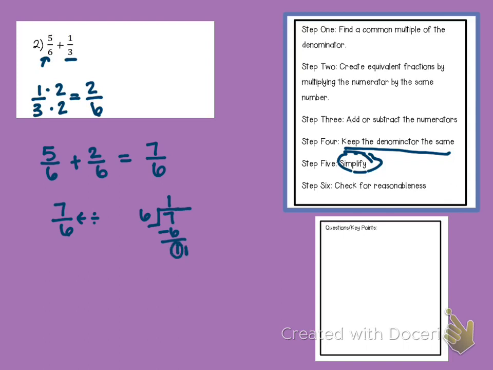So this becomes the numerator. And remember, this becomes the denominator. I'm going to run out of room. So then now our whole number in our mixed number is 1. Our remainder is 1 numerator and then a 6 denominator. And we box our answer because we are completely simplified.